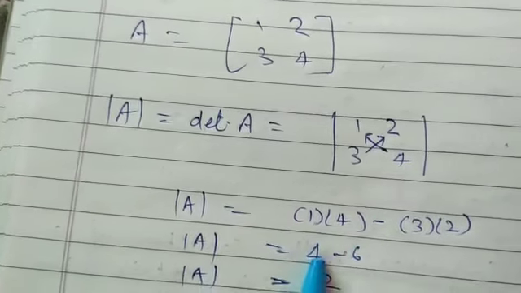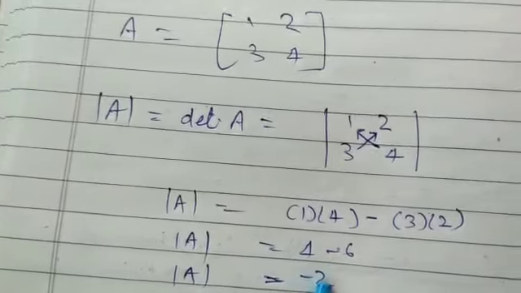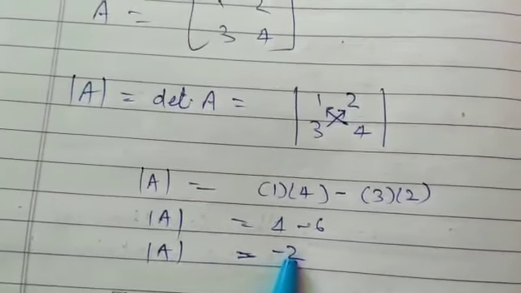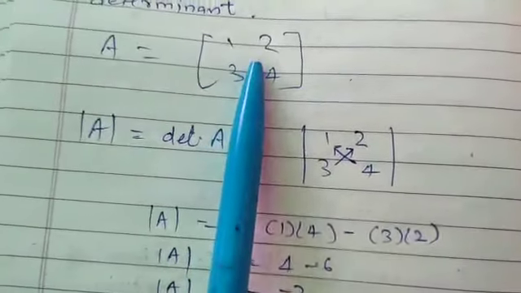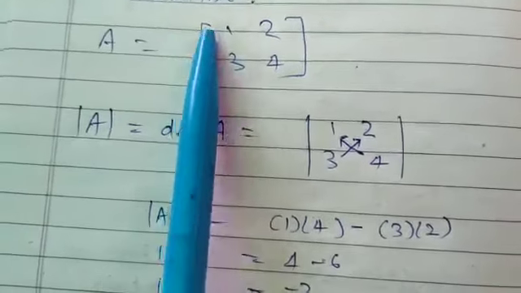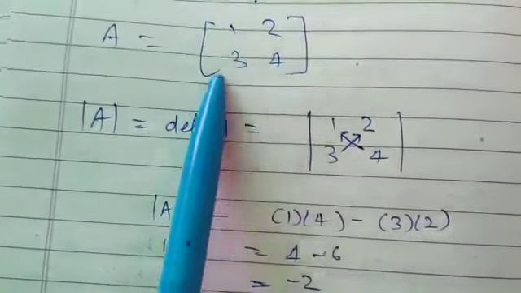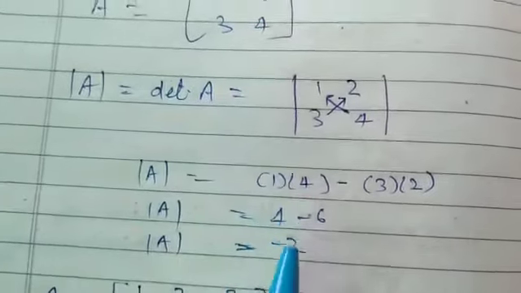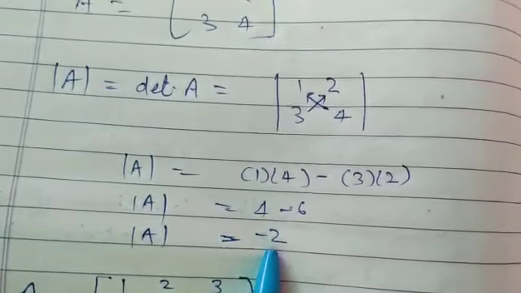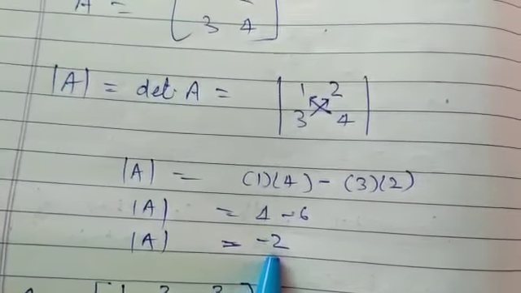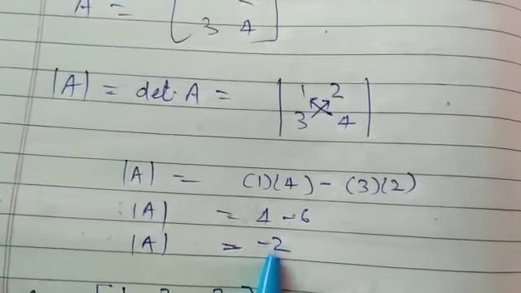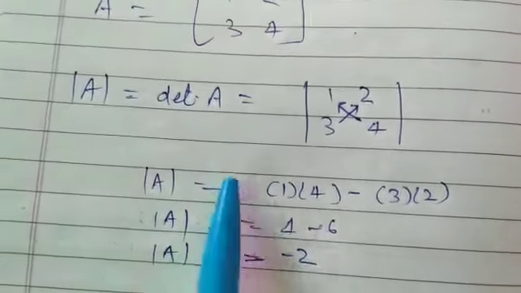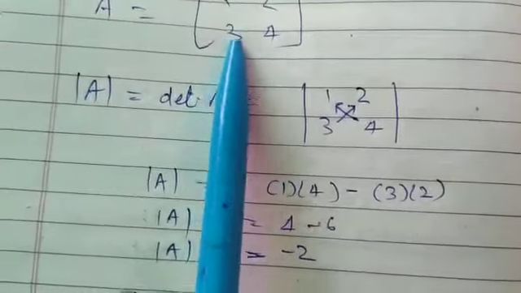After calculation we will get 4 minus 6, that is minus 2. So minus 2 is the determinant of this matrix. We see that this whole matrix is converted into a single numerical value, which is called determinant. So this is the determinant of a 2 by 2 matrix.